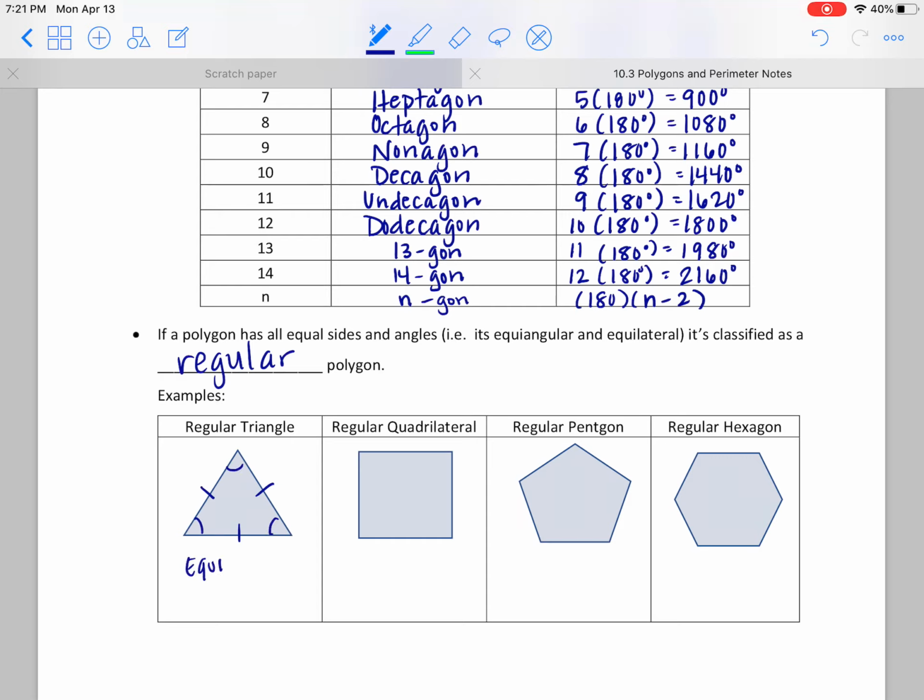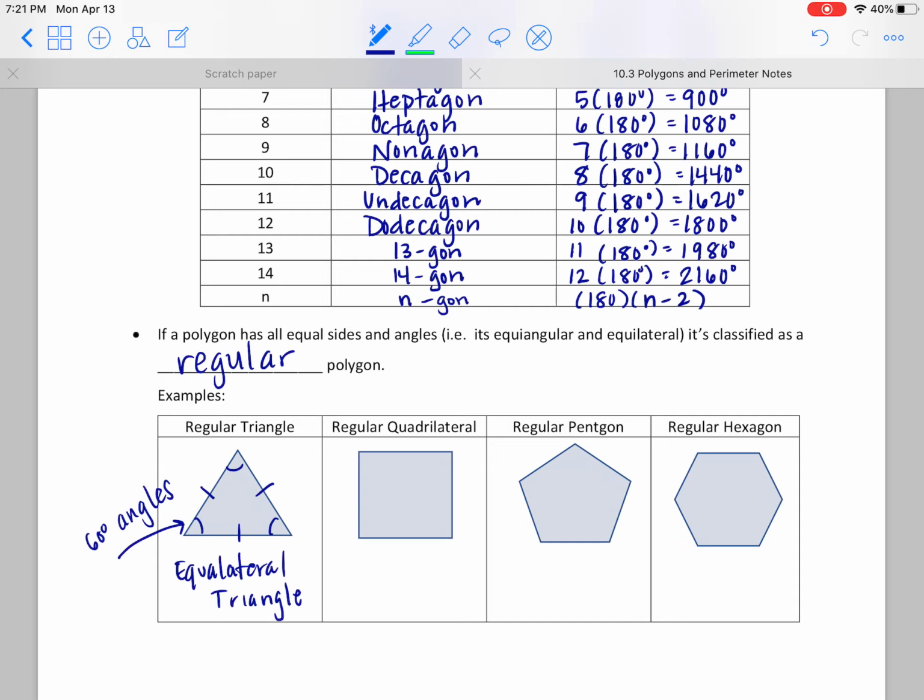We just called it an equilateral triangle. And because all those angles were equal, remember we said each of these angles was 60 degrees. 60-degree angles. Okay, so that's technically a regular triangle.